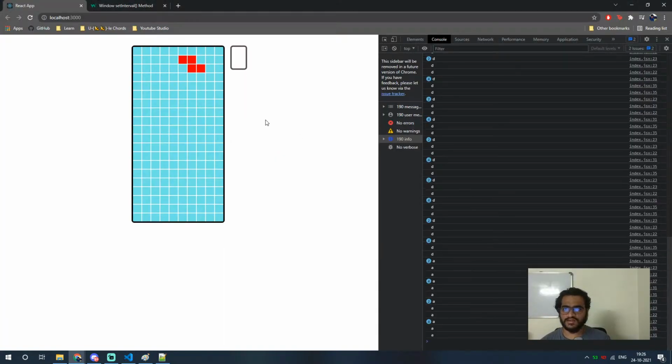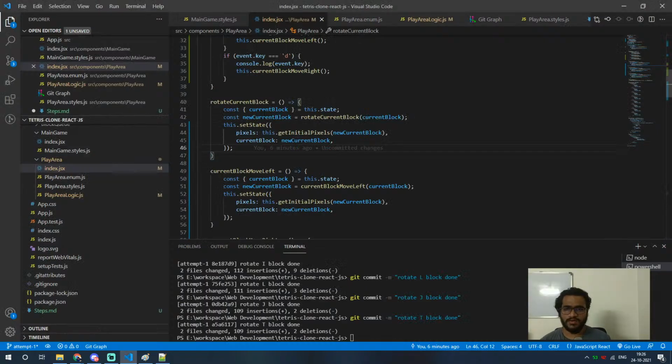So if we set an interval, and after each interval the current block's pixel value changes, then at that same time pixels will also change.